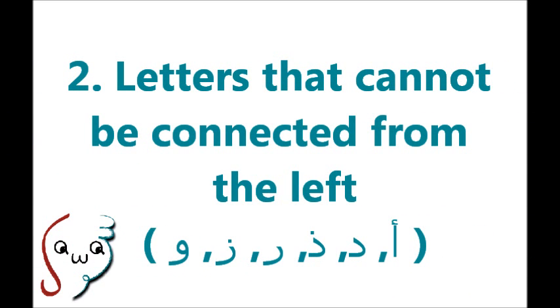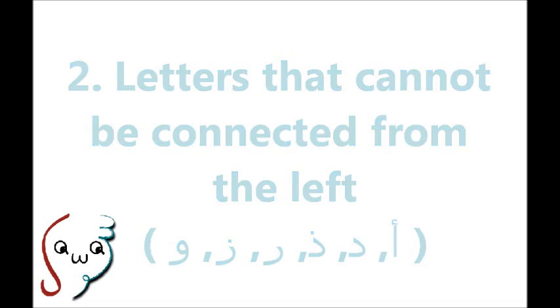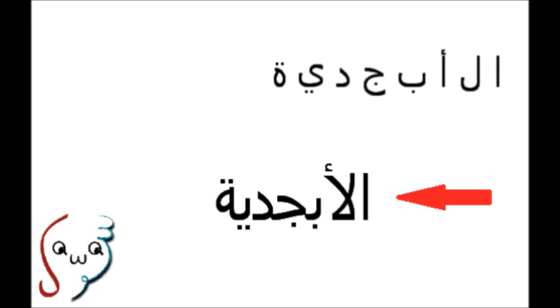Okay, now let's move to letters that cannot be connected from the left. I don't know if you can remember, in the first lesson of basics level we talked about how words can only be built by connecting the letters, otherwise it will not be a word, but there still are some exceptions for some letters that are not always connected.